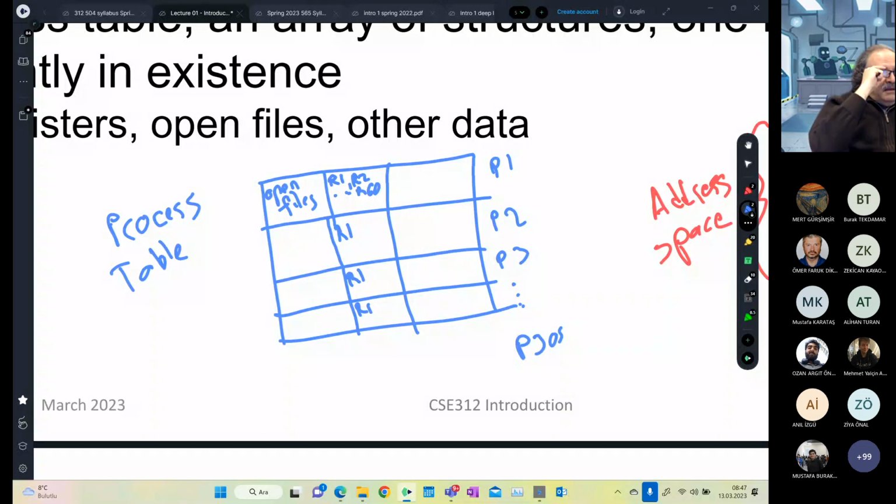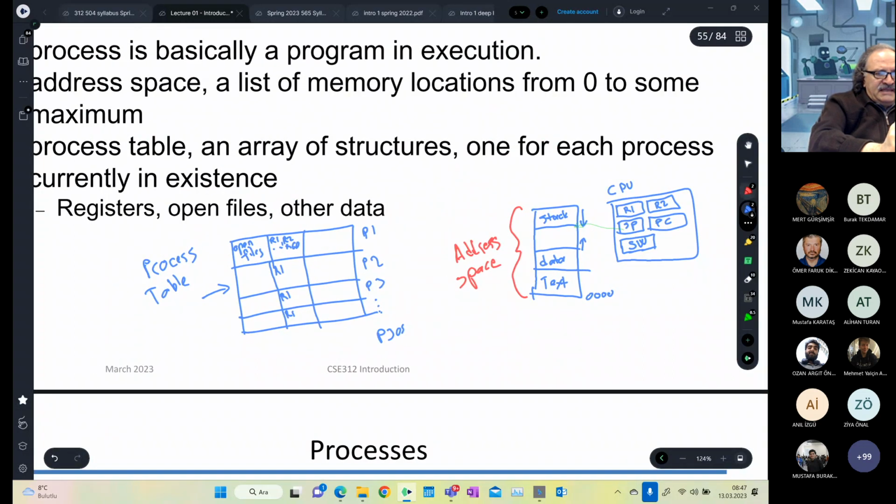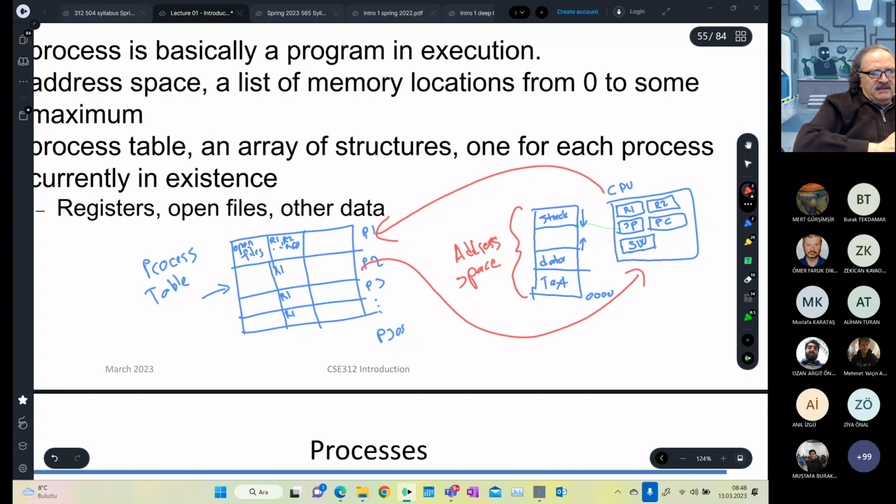Context switch means saving all of these data to this location and loading up all that data to the CPU. That's what the context switch is, okay?